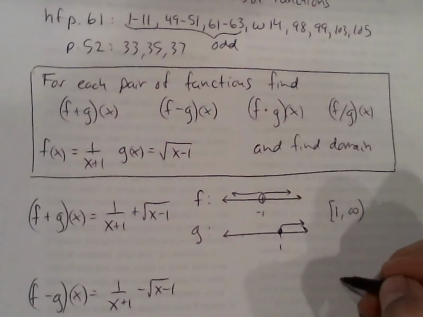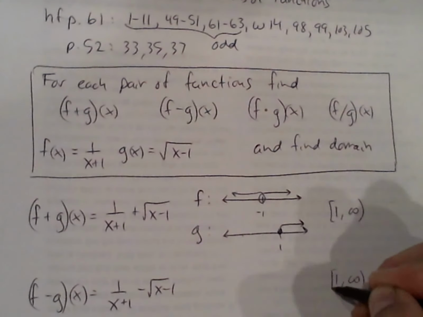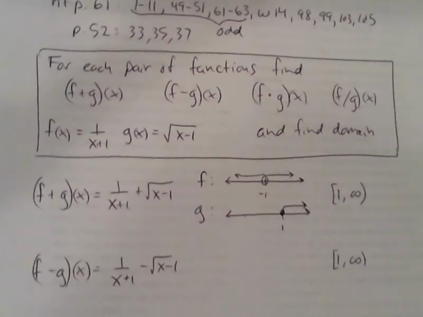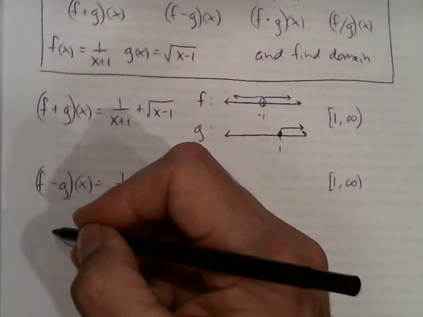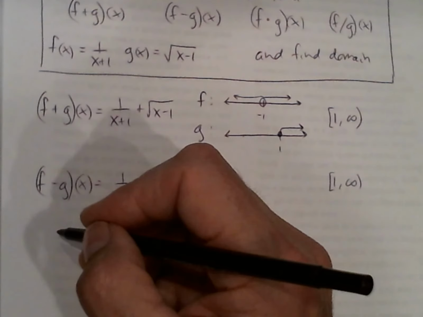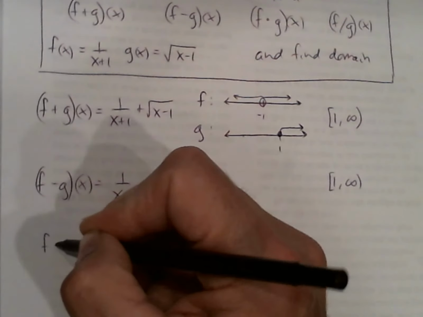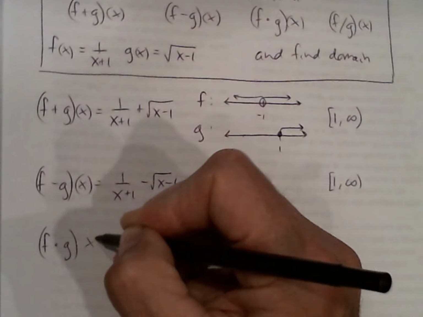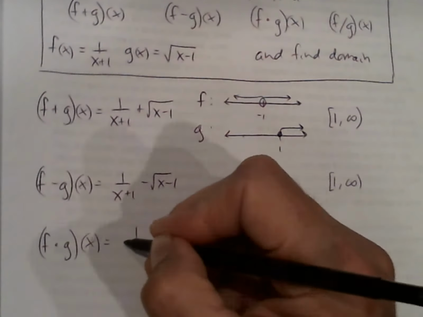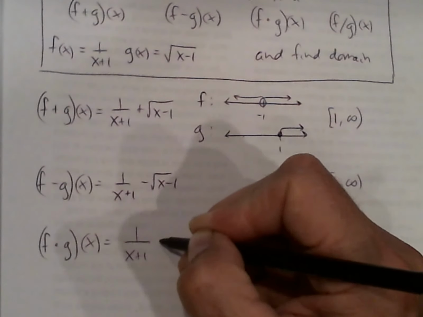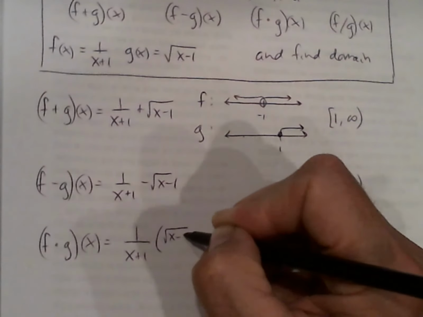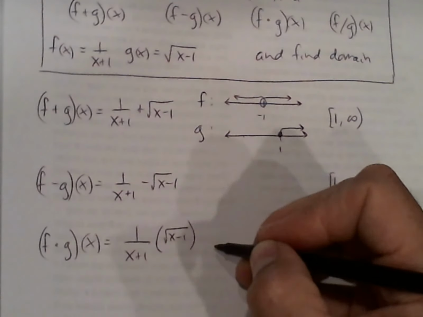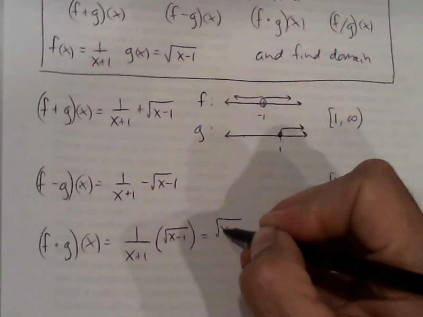And here it's the same domain. F times G. So we could just write it like this.